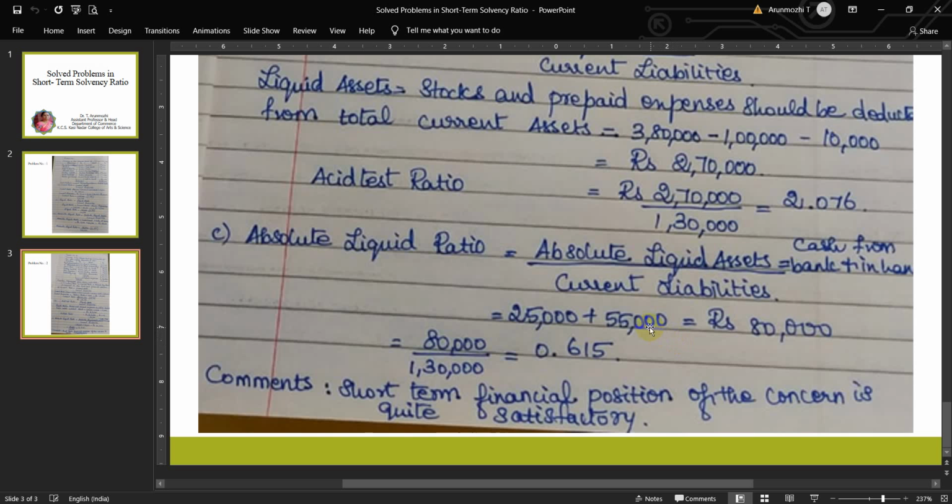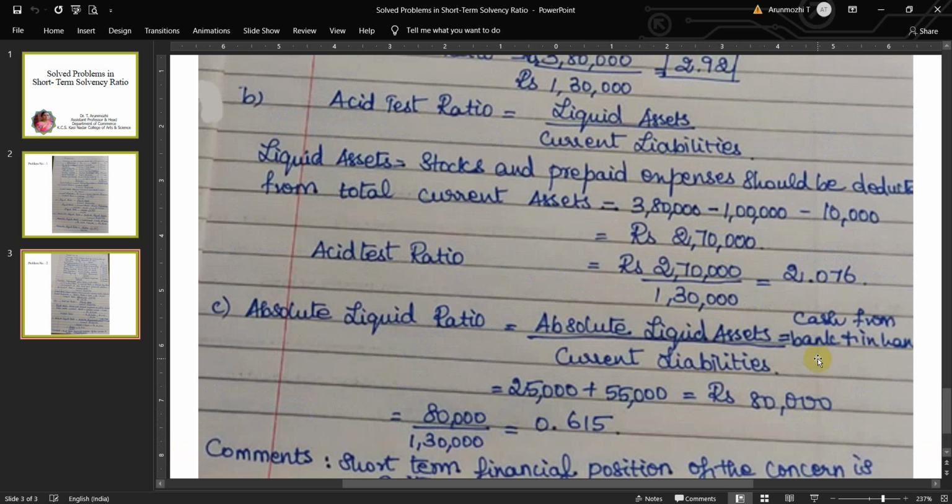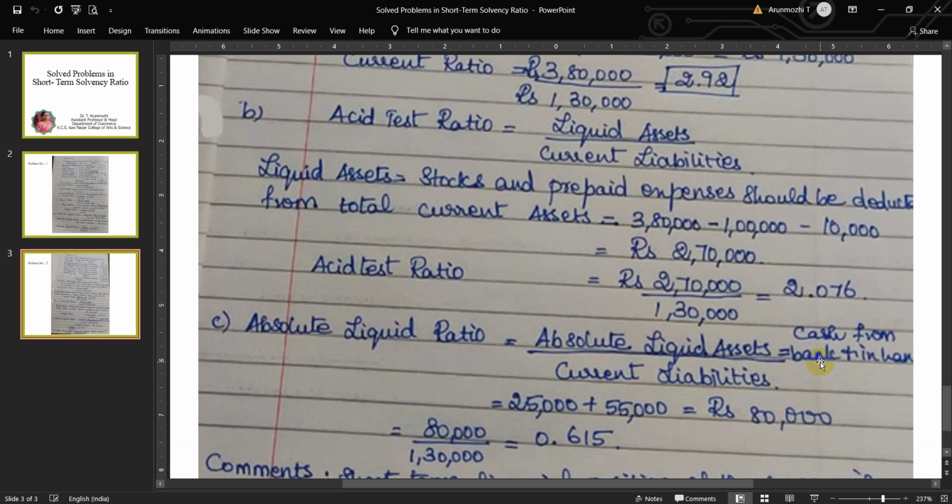Now we move on to the next question, comment: how are we to give the statement in the form of financial analysis? It shows that short-term financial position of the concern is quite satisfactory. Why? How do we identify that it is satisfactory? For current assets, the standard ratio should be 2. We have 2.92.